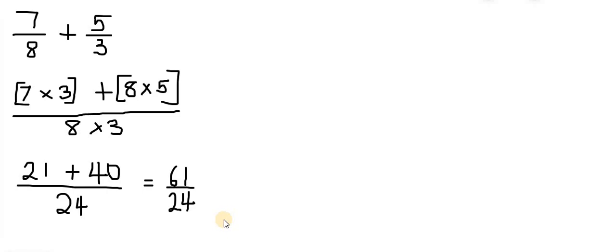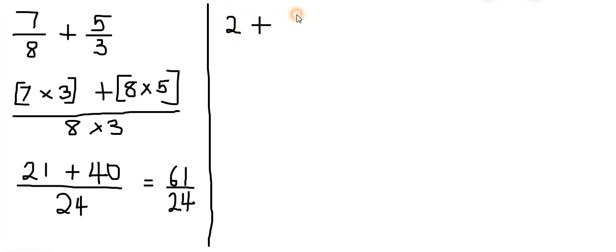Okay? Now, another example involving a whole number. So, here we have 2 plus 3 over 5. Now remember, a whole number is also a fraction. So I can write that as 2 over 1 plus 3 over 5. And I repeat the same process.